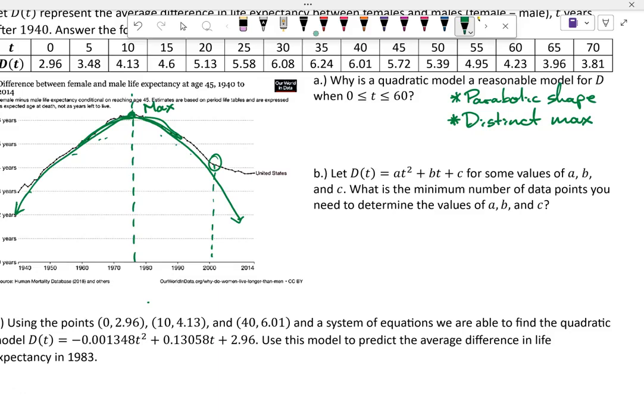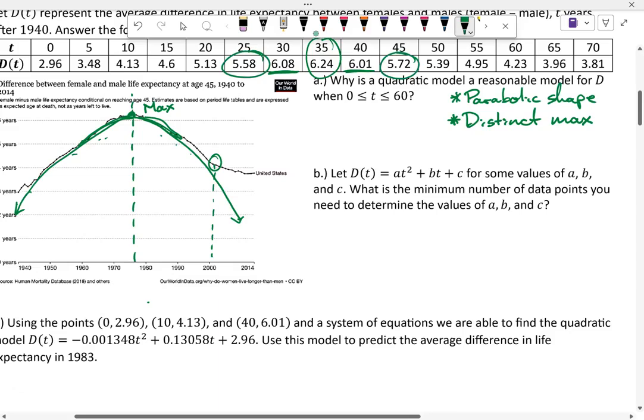If we look at our data and say maybe 35 is the place where the symmetry is, the middle there, that's our max value. And I look on either side. They're not exact, but are 6.08 and 6.01 close to being the same? I go to the next ones, 5.58, 5.72.